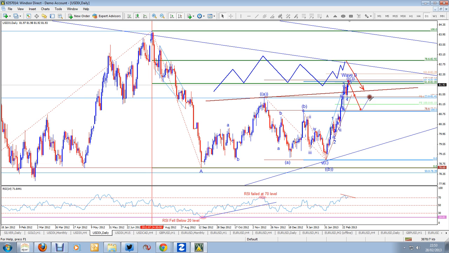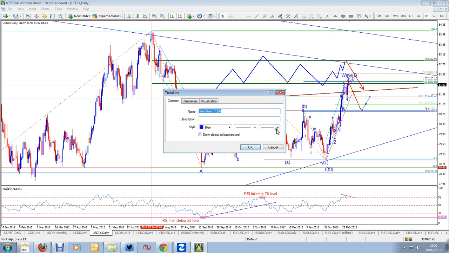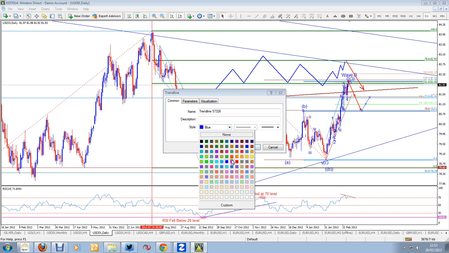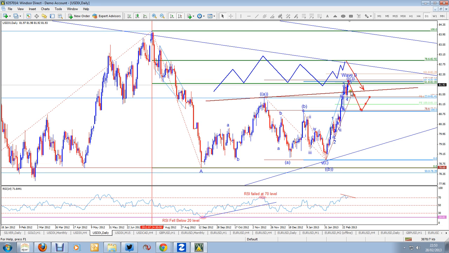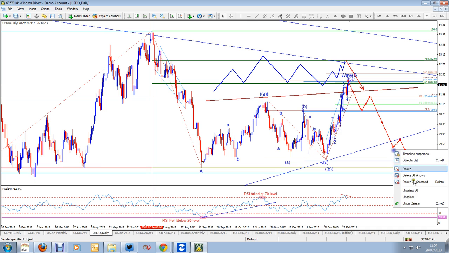Then we might get another bounce, so that will be wave 1, wave 2, and then maybe wave 3, something in that kind of order, small wave 4, and then possibly wave 5, or it might even turn up more like this, so that will give us a 5 wave down.